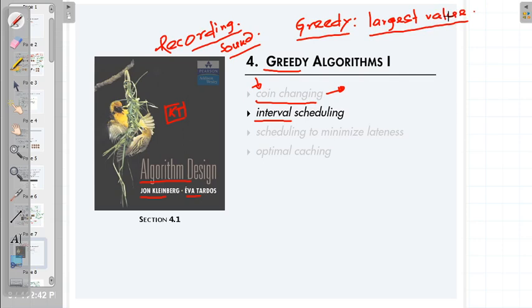And we have seen that this algorithm, the largest value, gives an optimal result at some point, but in other cases this algorithm may not be optimal as well.